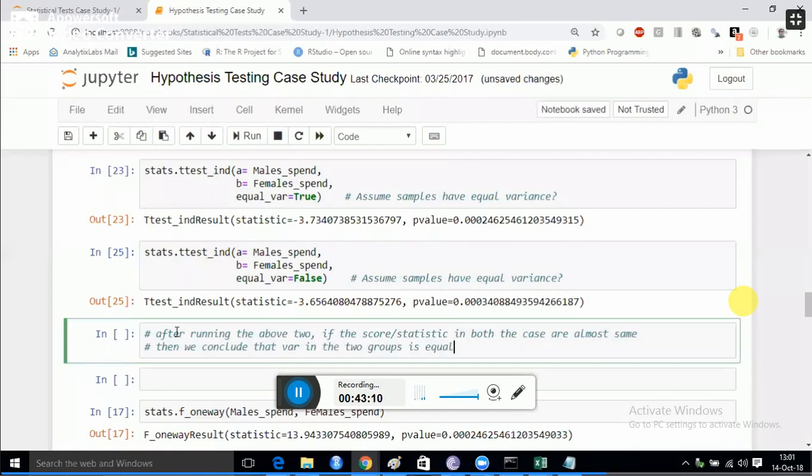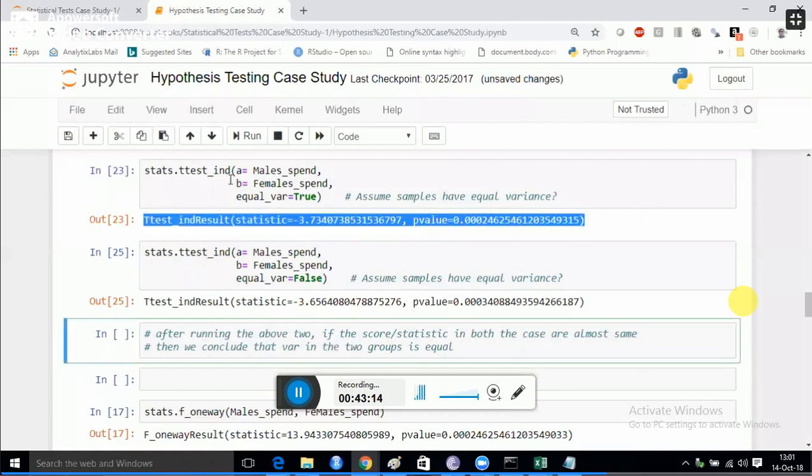I hope you're able to understand what I've written here, right? Else we will say that variance is not equal and we'll remove this one.